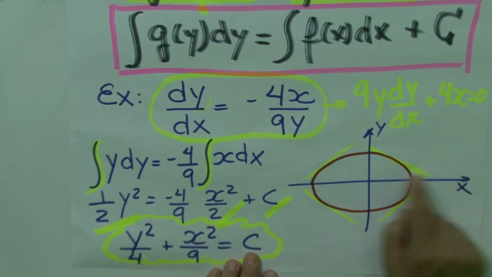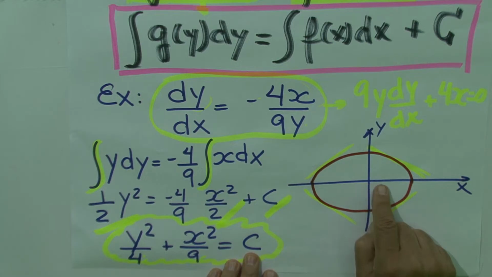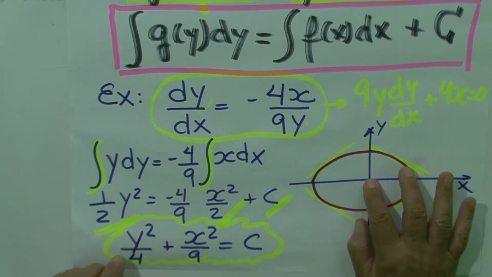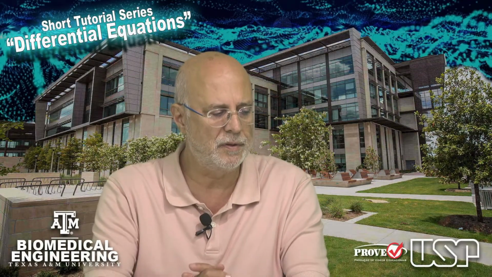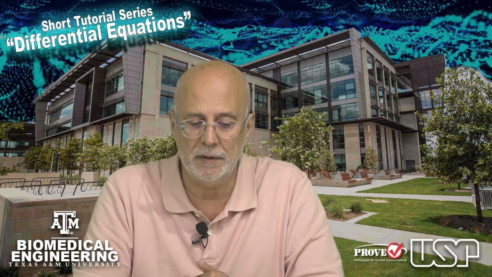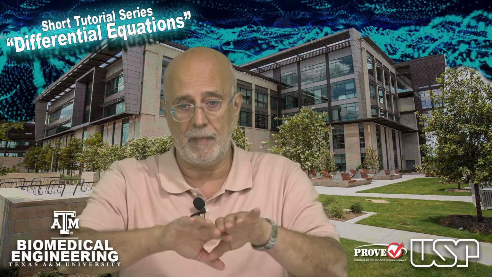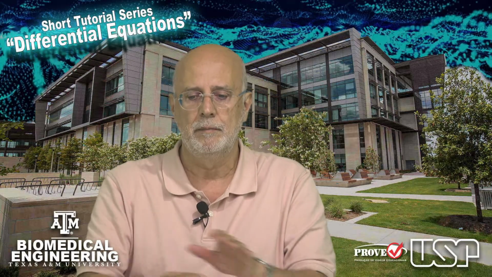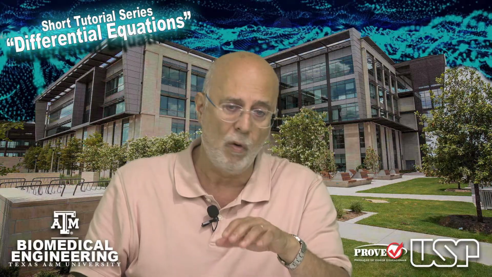I mean, we may have x equal to 0, and then y will have a value, or we may have y equal to 0, and then x will have other values, but never both zeros. And this is interesting and comes from separating. I separate the equations, put everything of one variable on one side and everything of the other variable on the other side, and then I'm able to integrate and come out with a very nice solution for that.